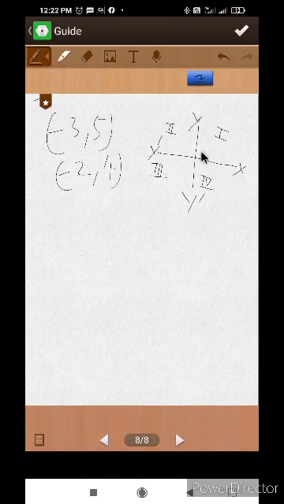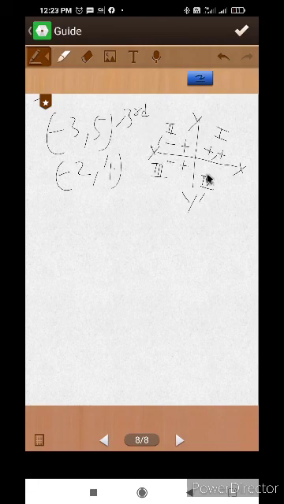In the first quadrant, the values of x and y will both be positive. In the second, x will be negative and y will be positive. Here x and y will both be negative, which means this is the third quadrant.